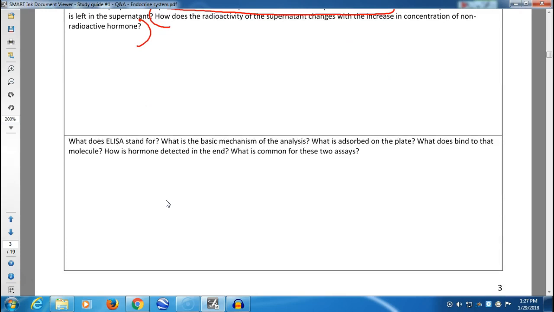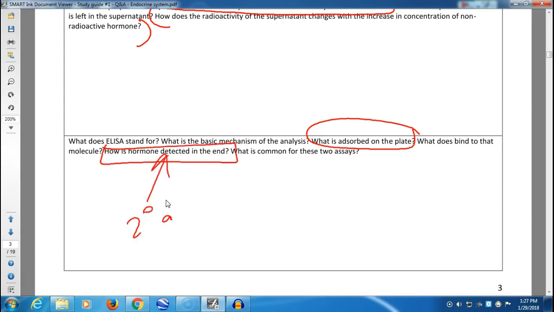For ELISA, what you've got to know: the plate has antibodies. You add hormone. The hormone binds to those antibodies. And then you add the secondary antibody, which will detect the hormone. What is common for these two assays? In both assays, the main idea is binding of a hormone with a specific antibody.